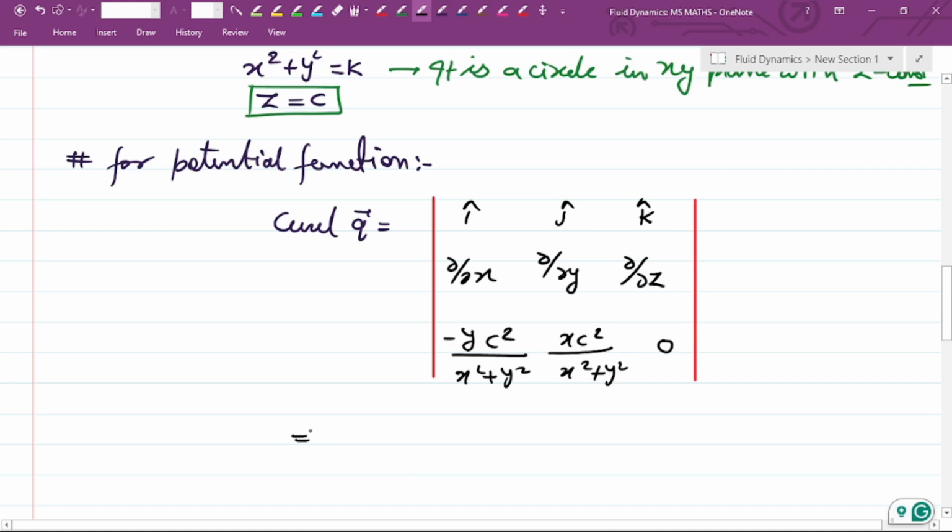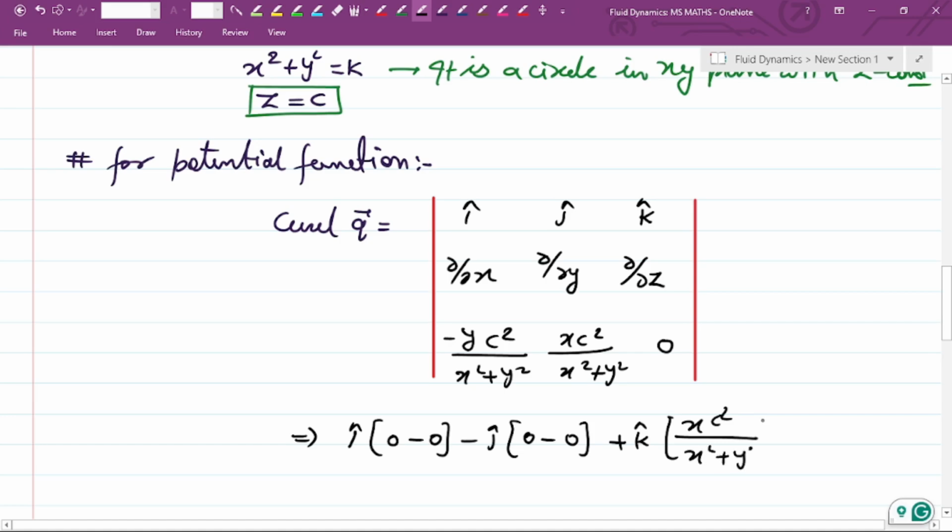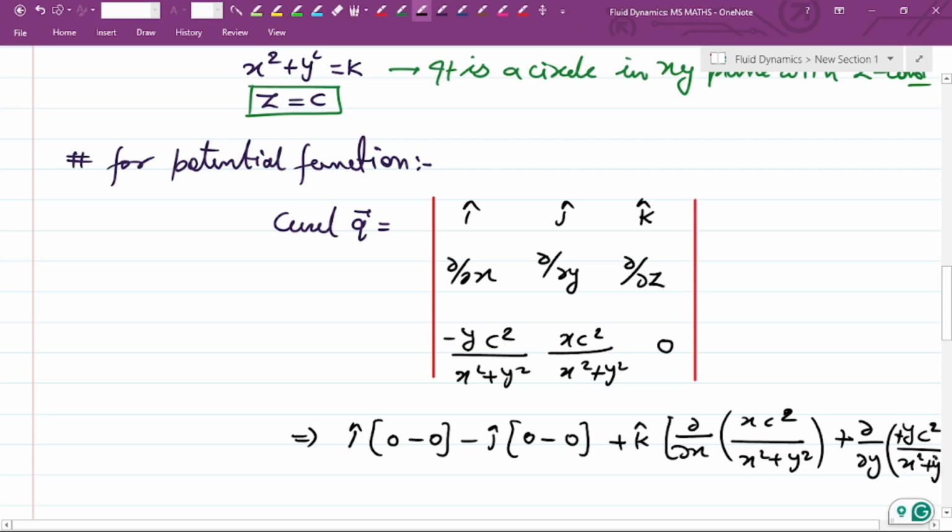Now if you find it, the i component is 0, minus j is 0, minus 0, and plus k cap is the partial derivative dou by dou x of x c square upon x square plus y square, minus dou by dou y of minus y into c square upon x square plus y square.